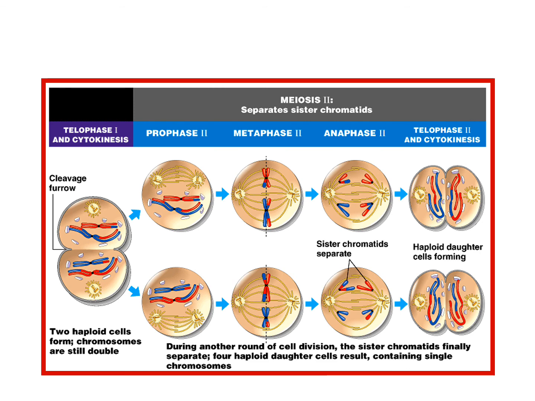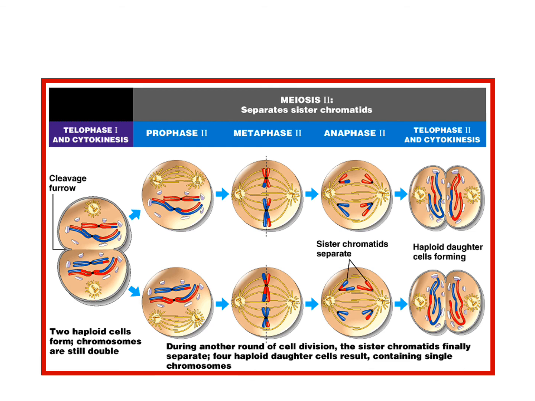In anaphase II, sister chromatids separate and pull apart from one another because of microtubule movement. And then lastly, telophase II, followed by cytokinesis, will result in the complete separation of those cells.